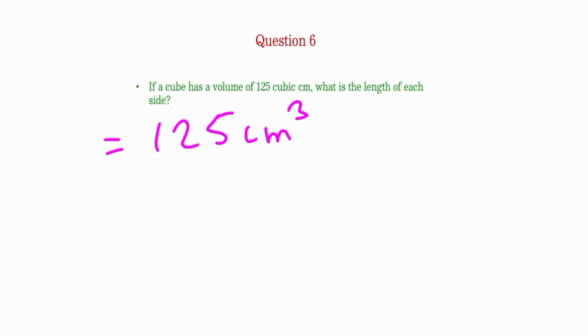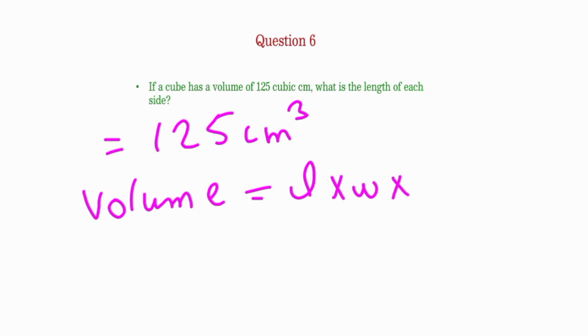Okay, the next question is, if a cube has a volume of 125 cubic centimeters, then what is the length of each side? We know that the volume of the cube is 125 cubic centimeters. To find that out, we have a formula: volume is equal to length times width times height.